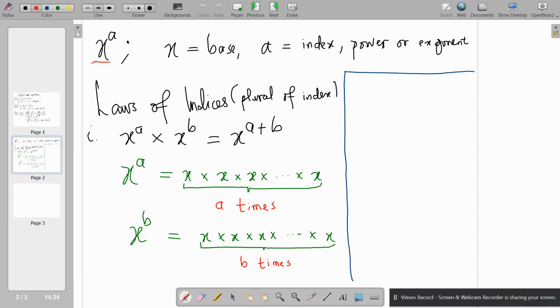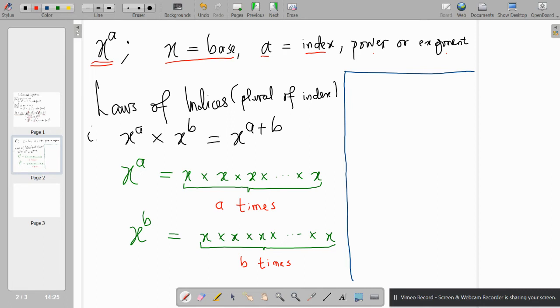Here, given x raised to power a, x is called the base, as you can see in this place, and a is called the index, the power, or exponent. So this is read as x raised to power a, or x index a, or x exponent a.